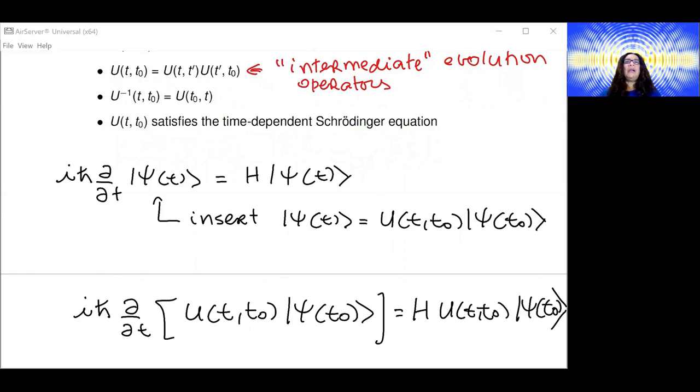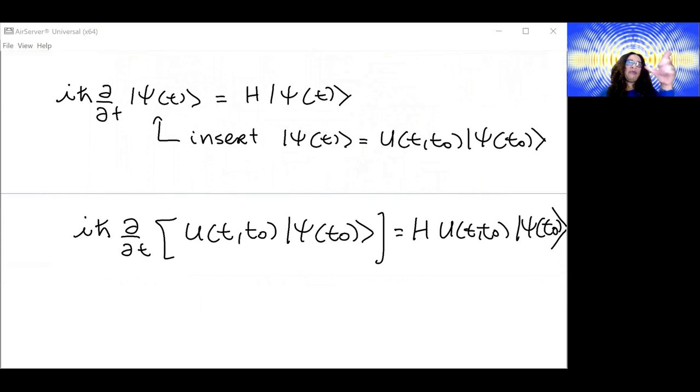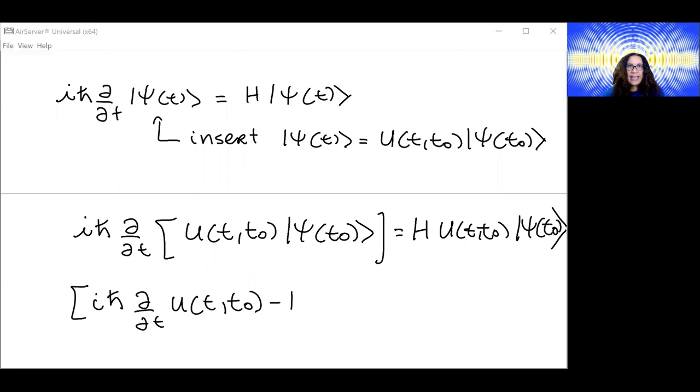So far, so good. We can also rearrange this. When we apply this derivative, look, only this guy here is depending on t, right? So let's write this, and we have then [i h-bar d/dt U(t, t0) minus H U(t, t0)]|psi(t0)> equal to 0.